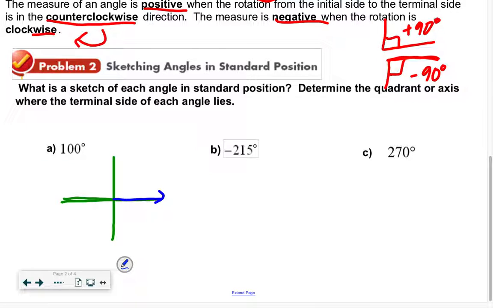Well, my 100 is positive, so I'm going counterclockwise. So I'm going this way. How much is this line right here? 90. So should I be to the right of that line or the left? The left, because I need to go past 90. I'm only going about 10 more degrees, so something that's probably way too much, but close. Something more than that 90.